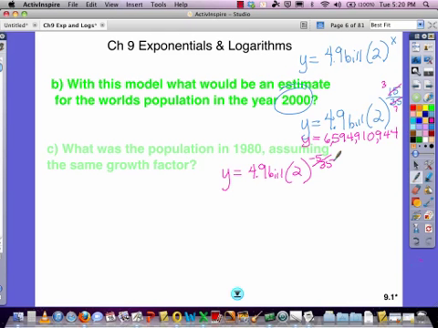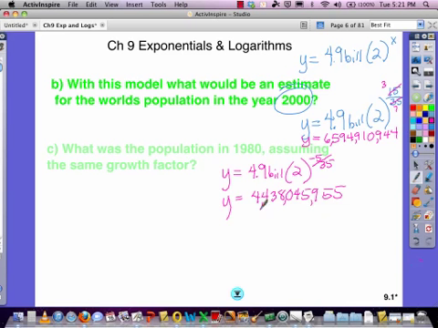And we better be getting, yes, about, in 1980, we would have expected the population to be, put the commas in, 4,439,045,095.